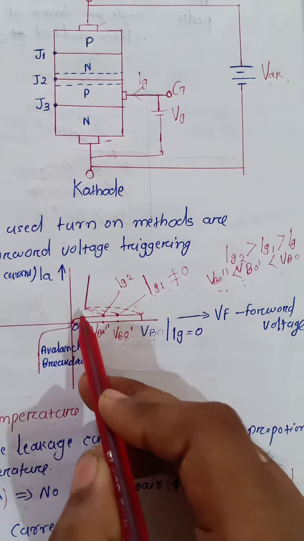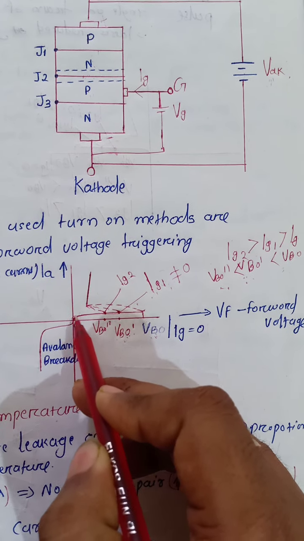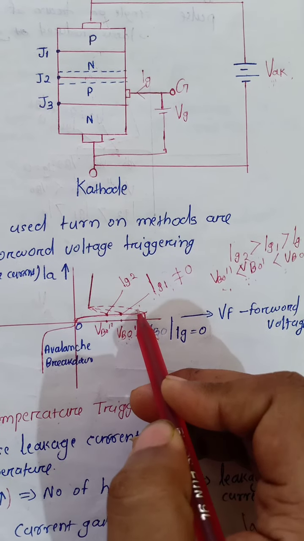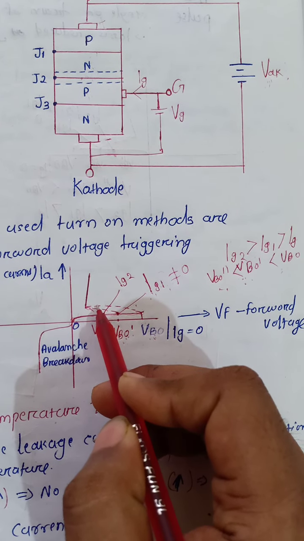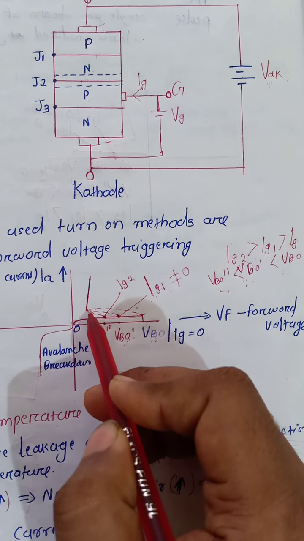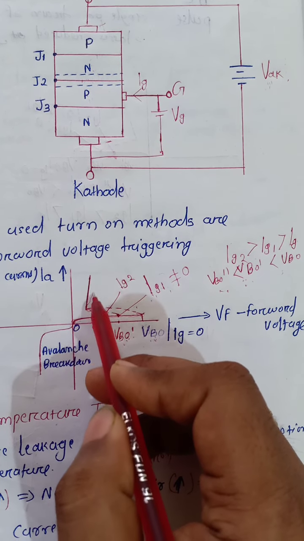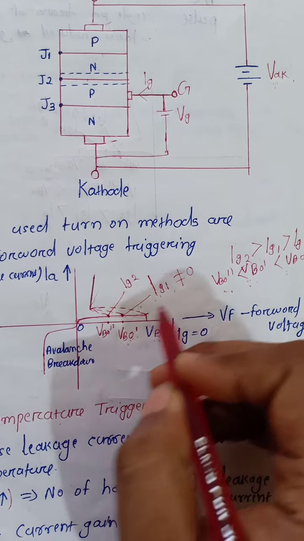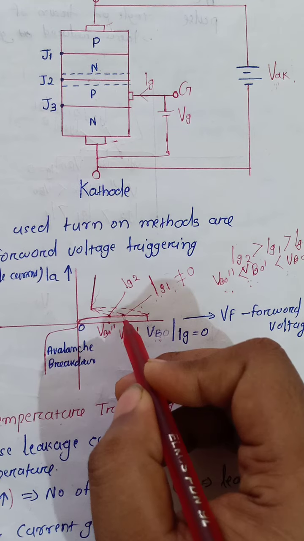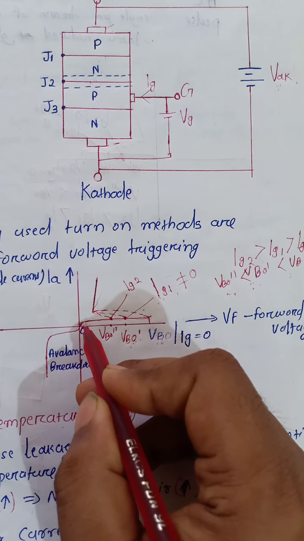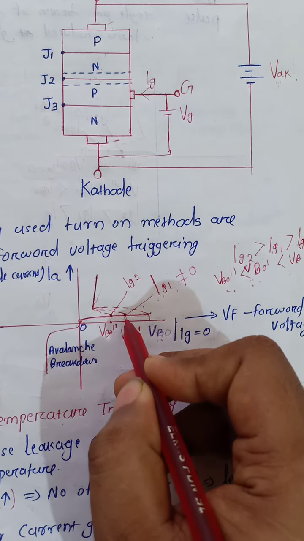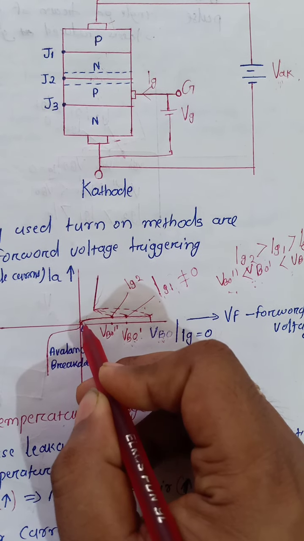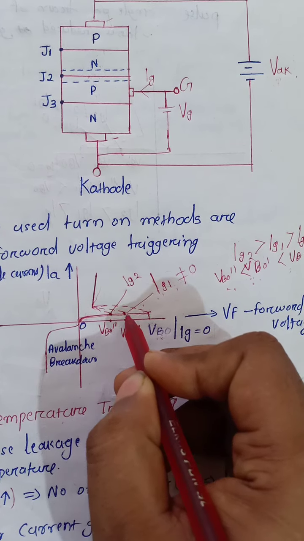Initially my graph goes like this. This is the leakage current. It will go up to the forward breakover voltage, and then the J2 junction starts conducting, and this is my current. Now Ig is not equal to 0, so we will have a breakdown of the J2 junction at a much lower forward breakover voltage. Now the graph is like this.